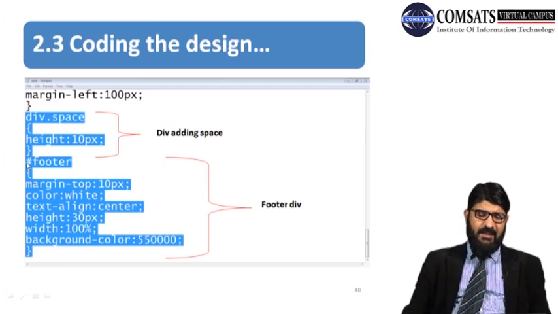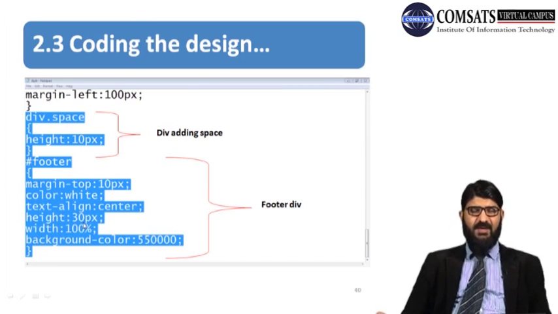And in the end there is a footer section. The footer section mentions the margin on the top, that is 10 pixel, so much margin should be created, and the color for the footer section will be white. Color property value is white. You are directly giving the color over here, or you can use the hash code as well, and the text is aligned center for the footer.